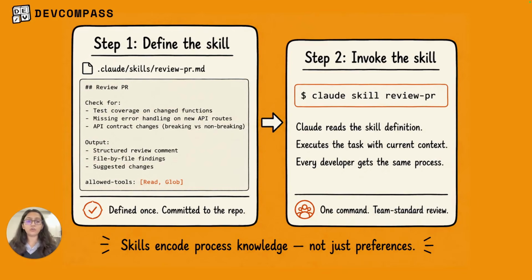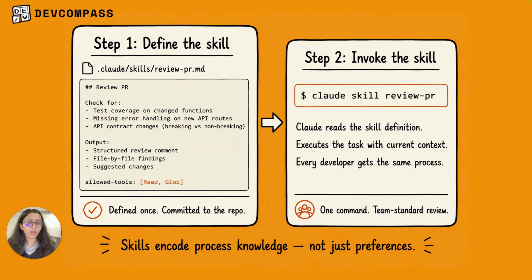And then if you look at the last line of that config block, which is allowed-tools: Read and Glob. Again, we have not discussed this, but this is a scope constraint. This skill can only use Read and Glob. It can't run other tools. So it clearly specifies the allowed tools. That is a skill definition.